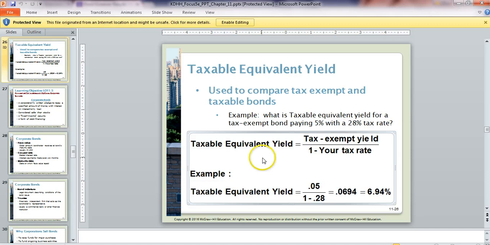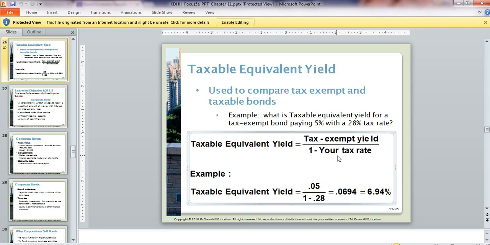This is how you convert the muni bond to its taxable equivalent yield, so that you can compare. You're going to take the tax exempt yield, that was our muni bond at 4%, and then divide by 1 minus your tax rate.